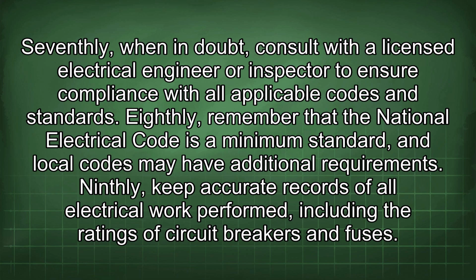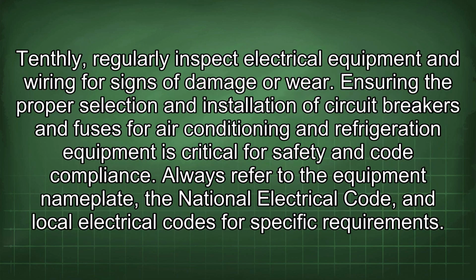Seventhly, when in doubt, consult with a licensed electrical engineer or inspector to ensure compliance with all applicable codes and standards. Eighthly, remember that the National Electrical Code is a minimum standard, and local codes may have additional requirements. Ninthly, keep accurate records of all electrical work performed, including the ratings of circuit breakers and fuses. Tenthly, regularly inspect electrical equipment and wiring for signs of damage or wear.